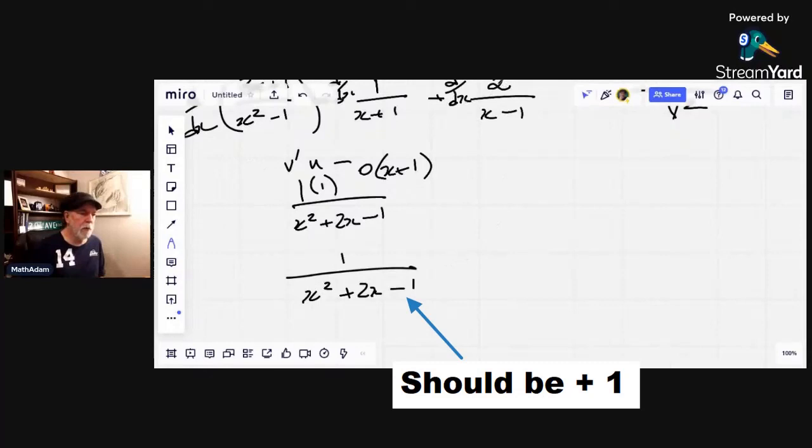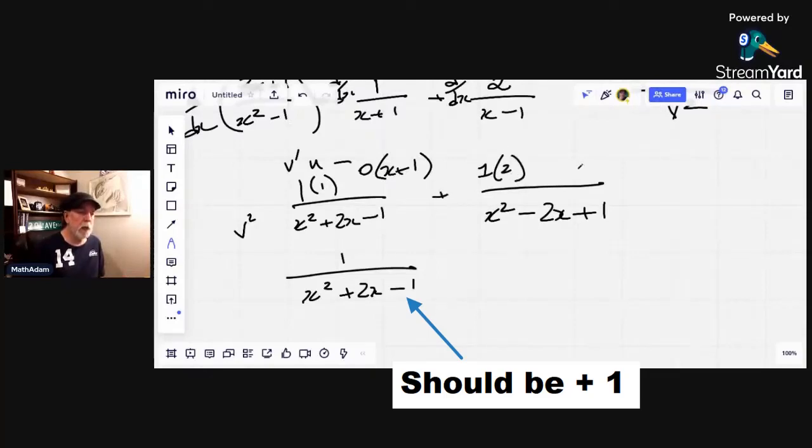And then now we've got this one that we've got to do. So that's going to again be v squared down on the bottom, which is x squared plus 1 minus 2x. Okay, and then up here we've got v prime. Well, that's just going to be 1 times u. This time it's times 2.